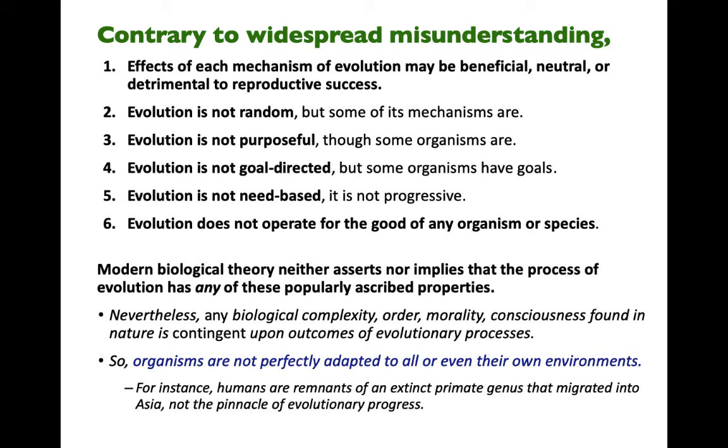This is a misunderstanding incorporated into the general understanding of evolutionary theory from the confused philosopher Herbert Spencer in the 19th century. Modern biological theory neither asserts nor implies that the process of evolution has any of these popularly ascribed properties.